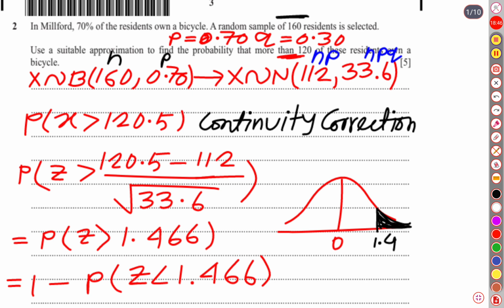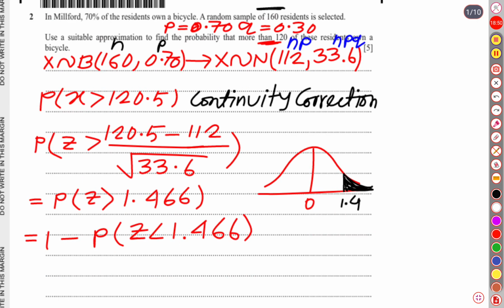That's why we opt for the right part. So we will find the probability when the z score is 1.466, then subtract that part from 1.